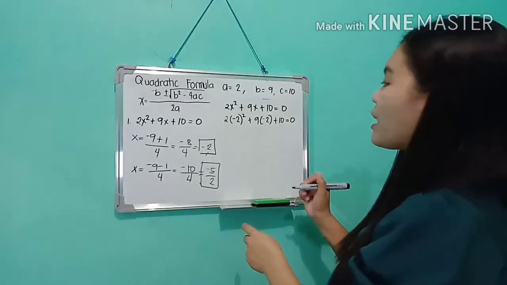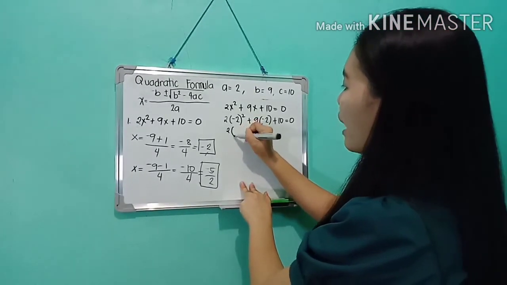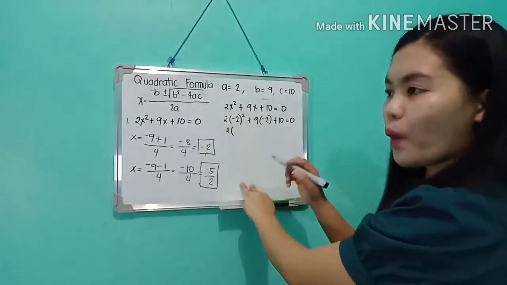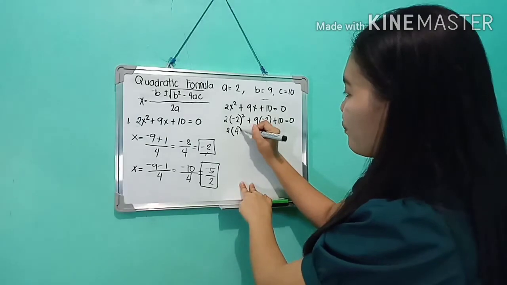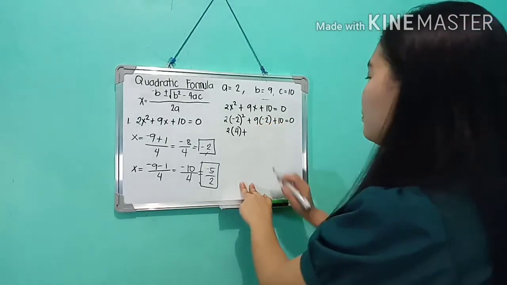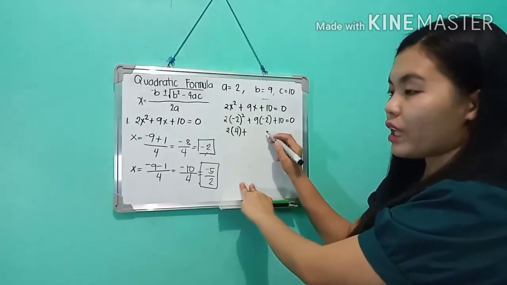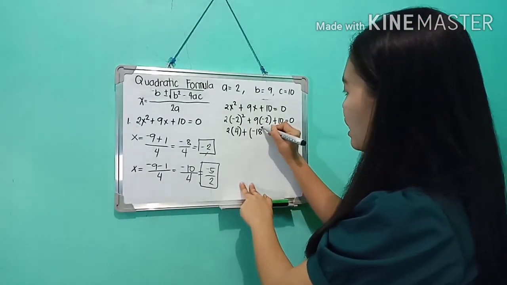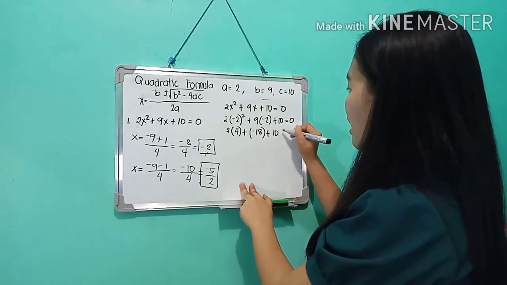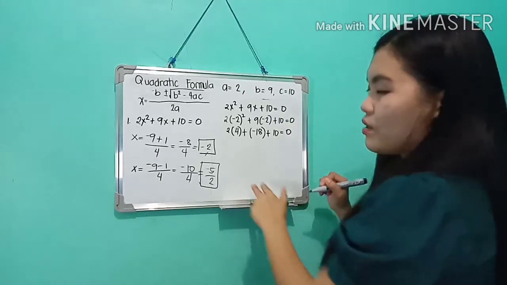Simplifying, you have 2 times -2 squared, -2 times -2 is equal to +4, plus 9 times -2 equals -18, plus 10 is equal to 0.